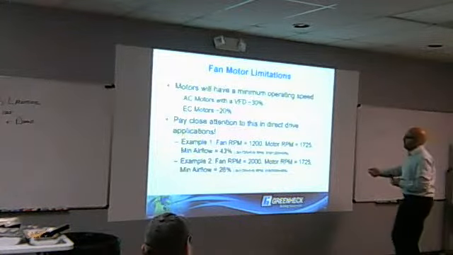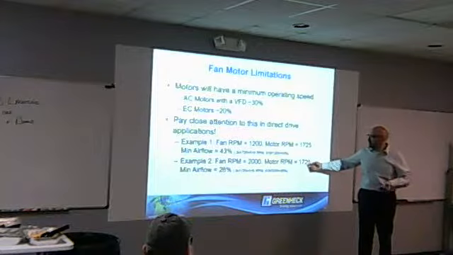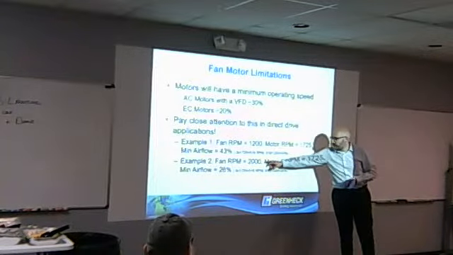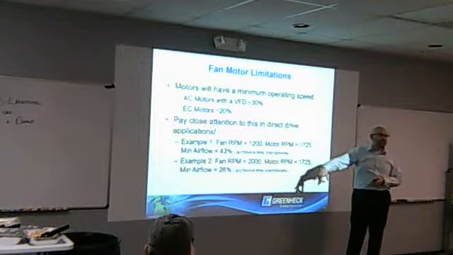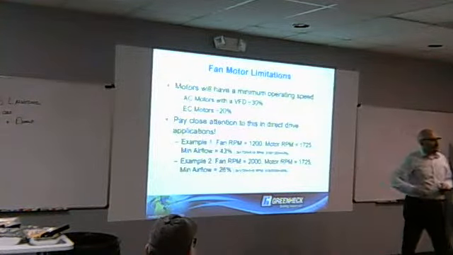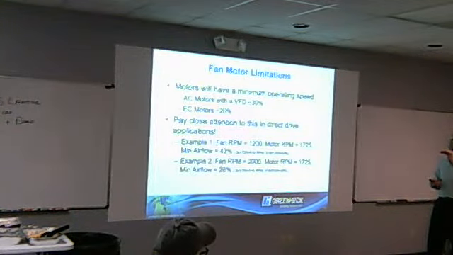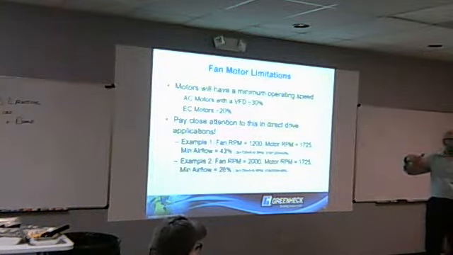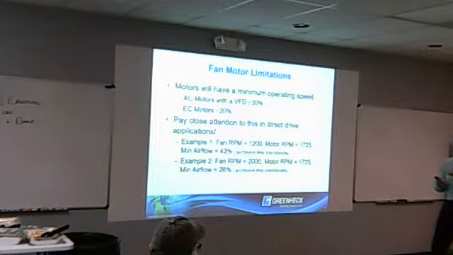The next example, if we were overspeeding the motor, which is feasible and possible, just go over 60 hertz, or a 2000 RPM fan, we do that same math again, we can go down to 26% of where we were. So we look at each case, our software will produce the minimum that you're allowed based on the selection, and we just remind people, okay, you picked a unit for 10,000, we can go as low as this.